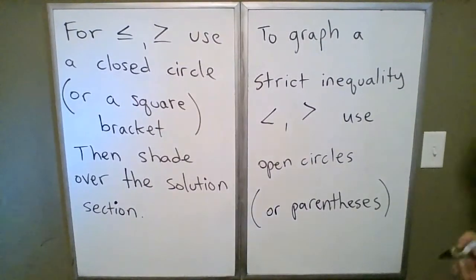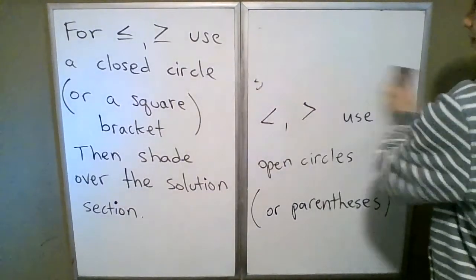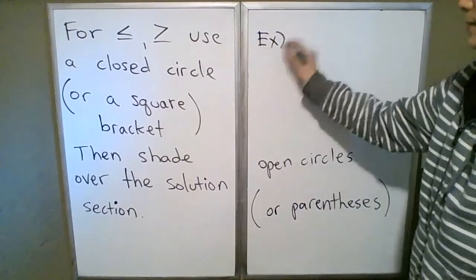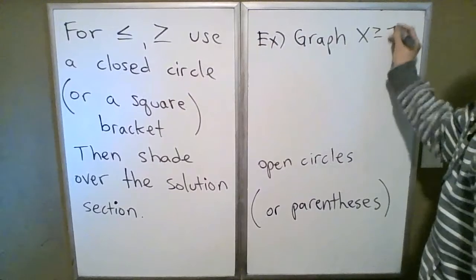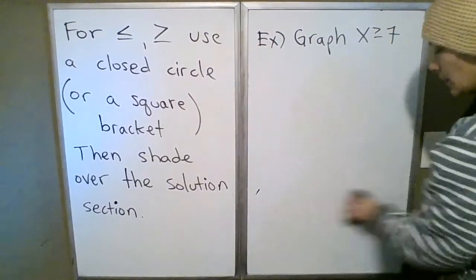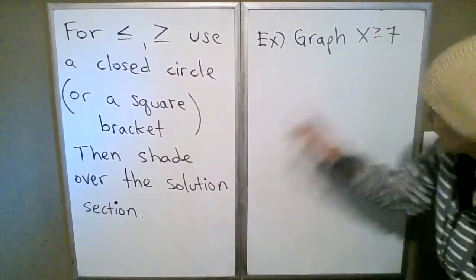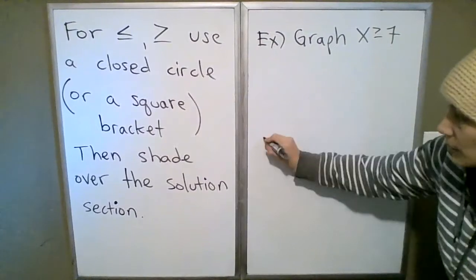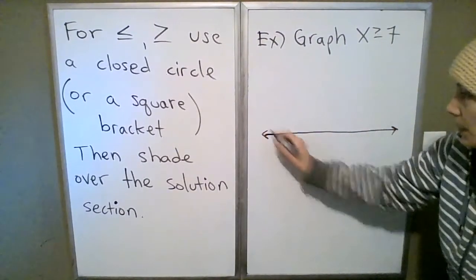We're going to start with graphing x greater than or equal to 7. There's only one variable, x, so you only need one number line, usually horizontal.